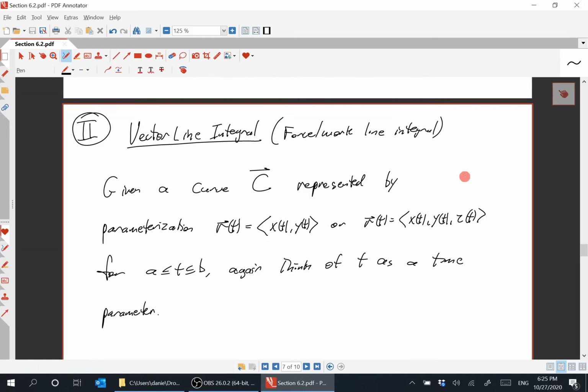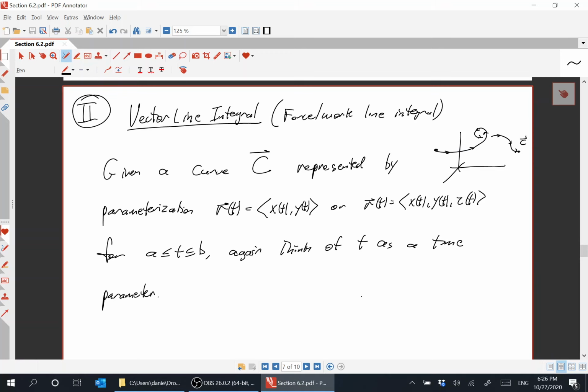And you've got this curve C along which that particle is moving forward along the curve in time, whichever way is forward. So now the direction is going to matter.